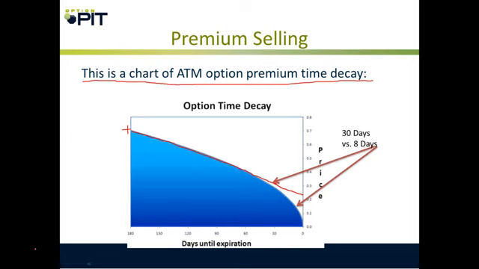For an at-the-money option, they lose a third of their value between day 30 and day 8, and they lose their final third of value from day 8 to 0.